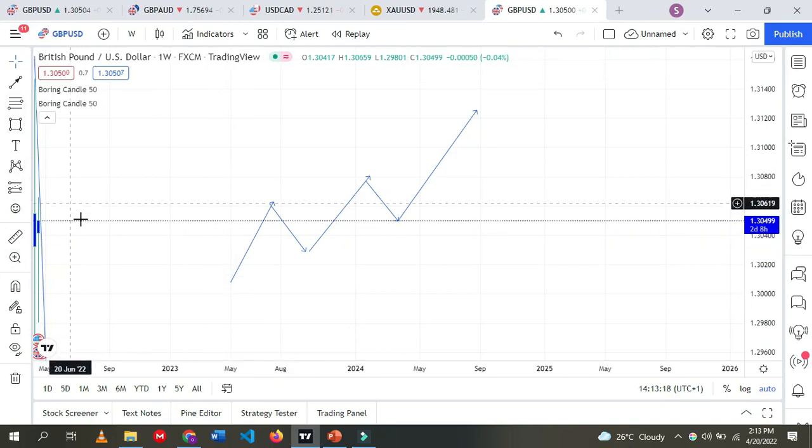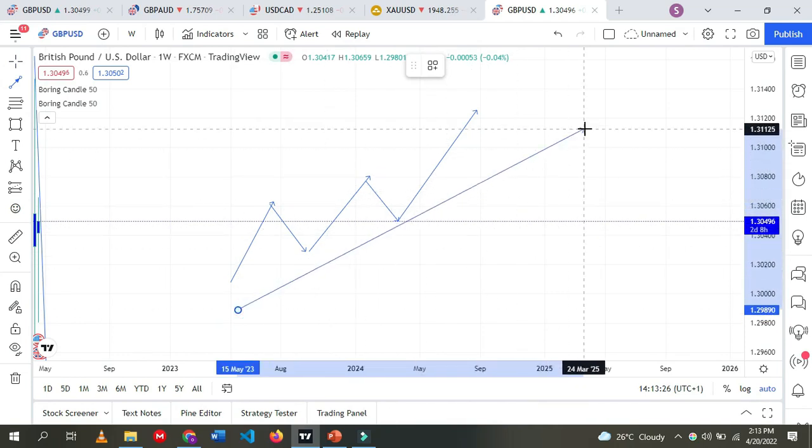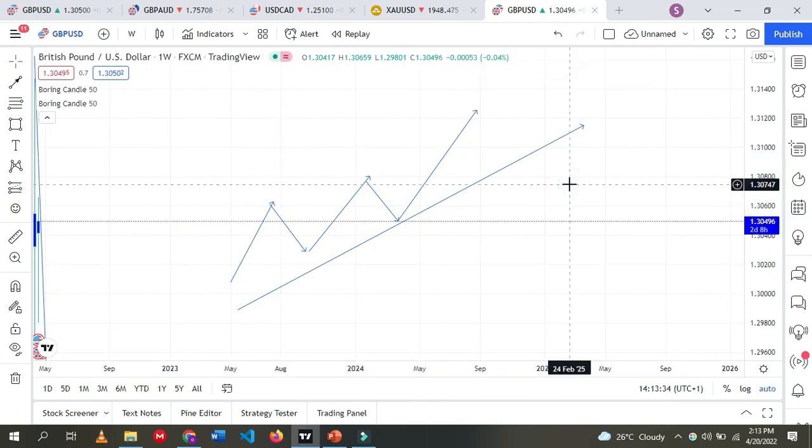now this is an uptrend. How do we define an uptrend? An uptrend has a higher high and higher low.